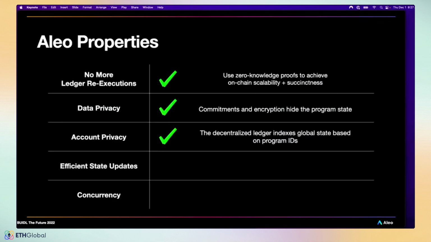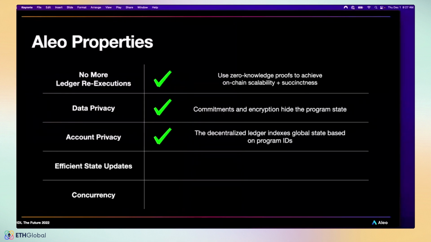And with this, we now achieve account privacy. There's no notion of addresses or global state. Each user owns their own record, and record owners are not leaked. So in this model, you effectively have account privacy.